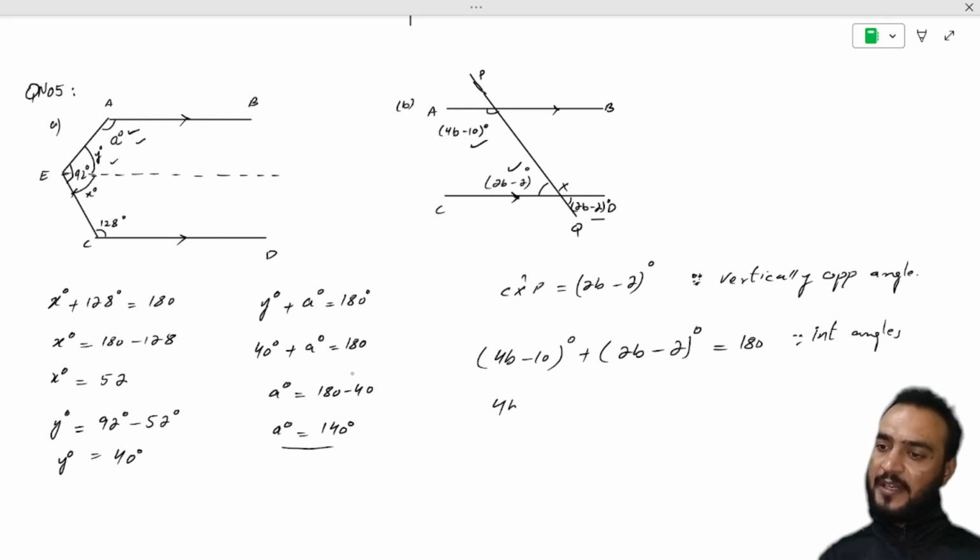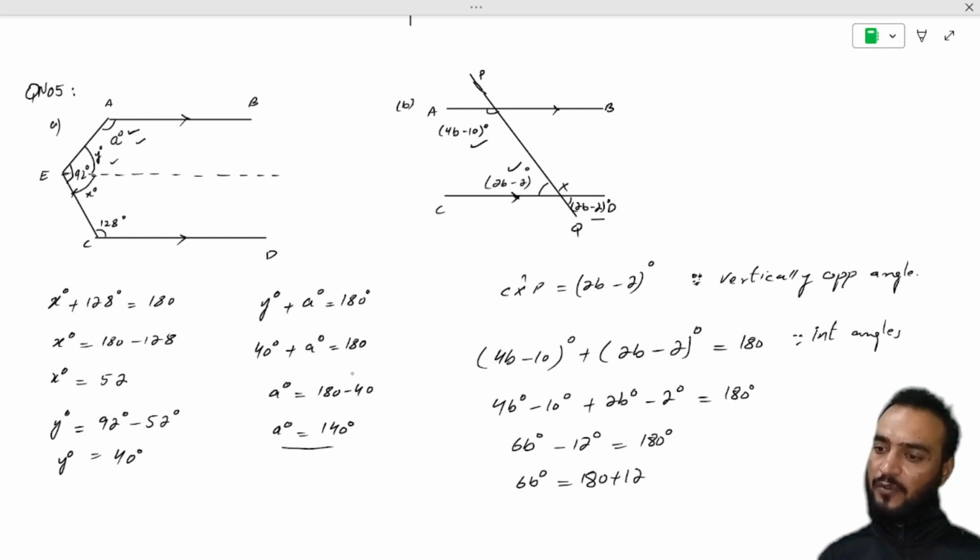So 4b degree minus 10 degree plus 2b degree minus 2 degree is equal to 180 degree. Hence we have 4b plus 2b is 6b degree, minus 10 minus 2 is minus 12 degree, is equal to 180 degree.